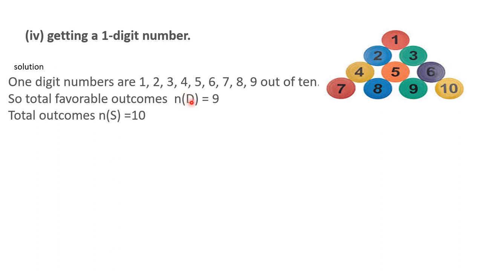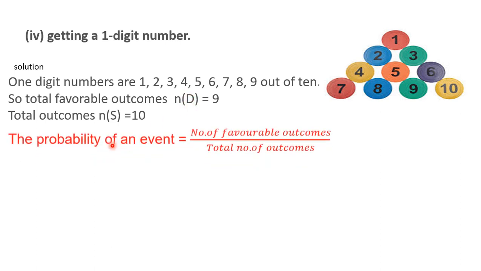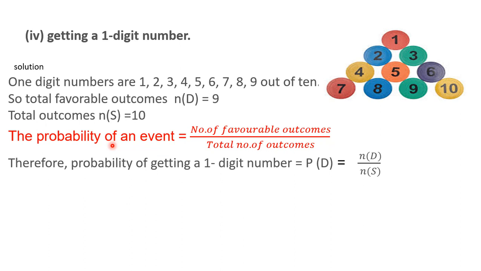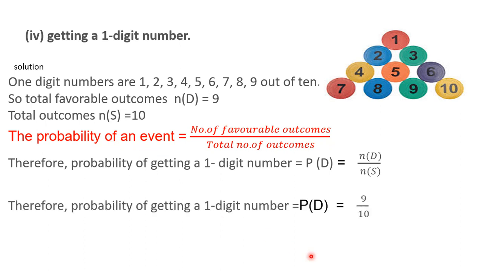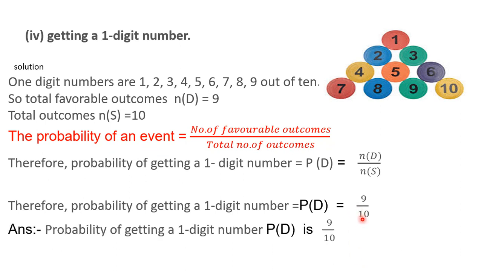So we can write the probability of the event is n of D upon n of S, that is equal to 9 by 10. Hence we can say the probability of getting a one digit number, that is P of D, is equal to 9 upon 10.